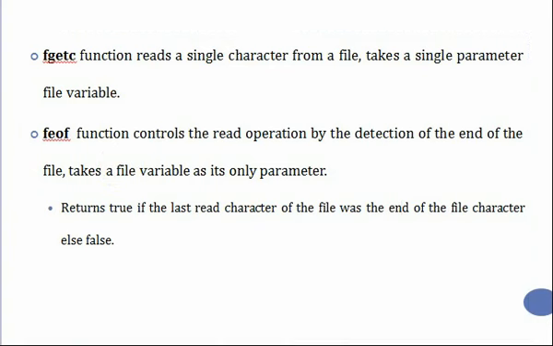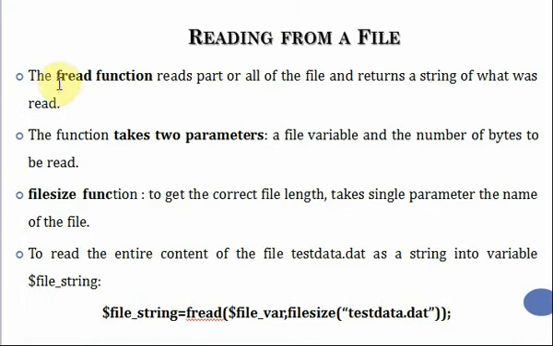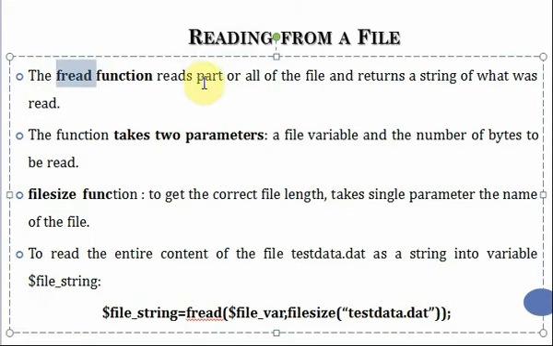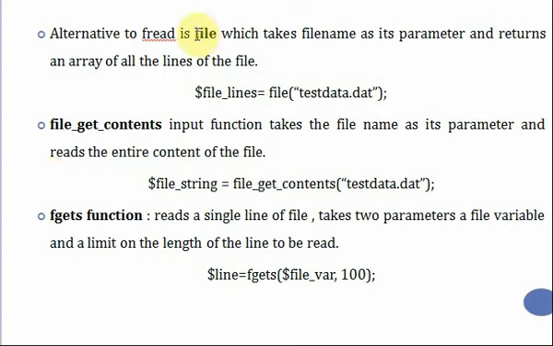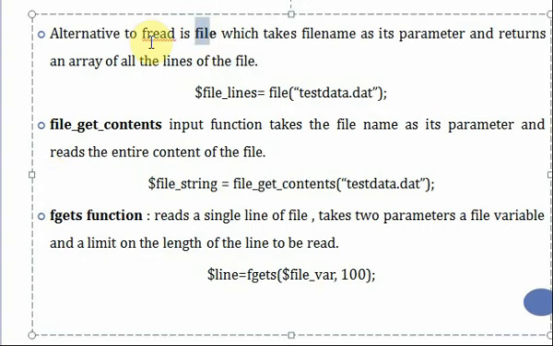So these are the functions associated with reading from a file. First, fread, which can read a part or the entire file. When you say part, you need to mention the number of bytes. When you say all of the file, you can go for a function called filesize, which is going to give you the exact length of the file. Next you have file, which is an alternative to fread.